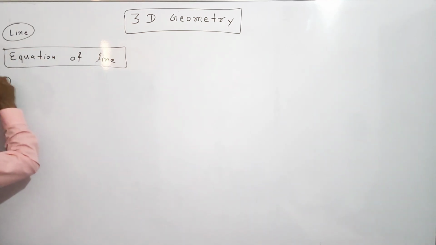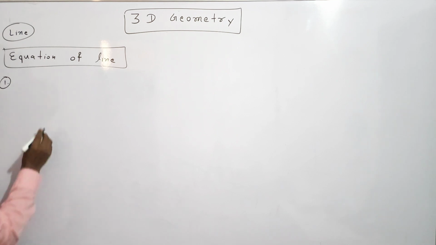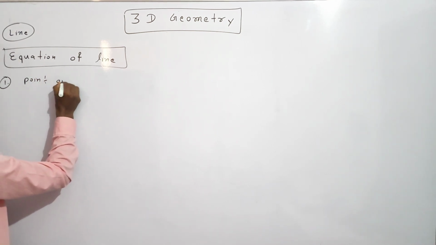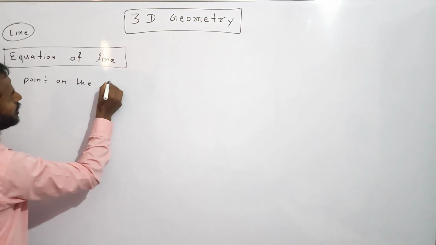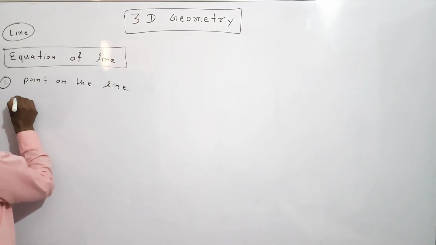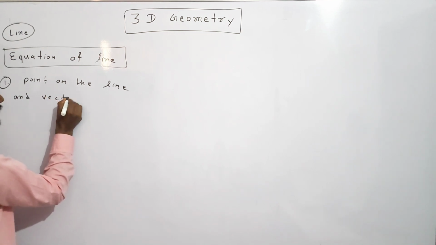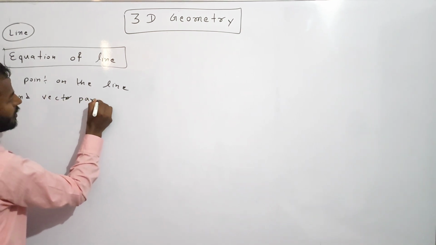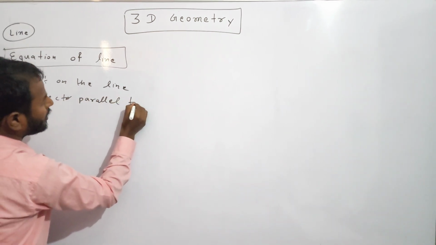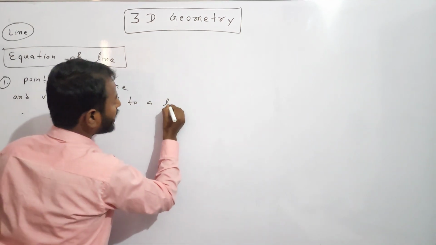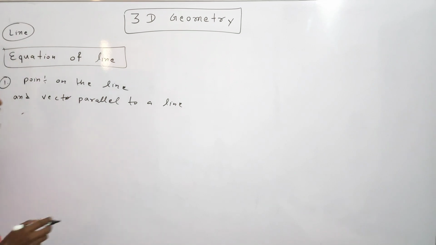The first form of equation of line is when a point on the line and a vector parallel to the line is given.